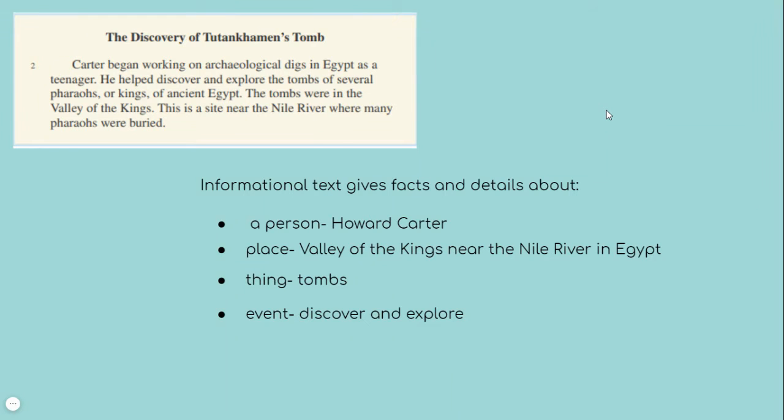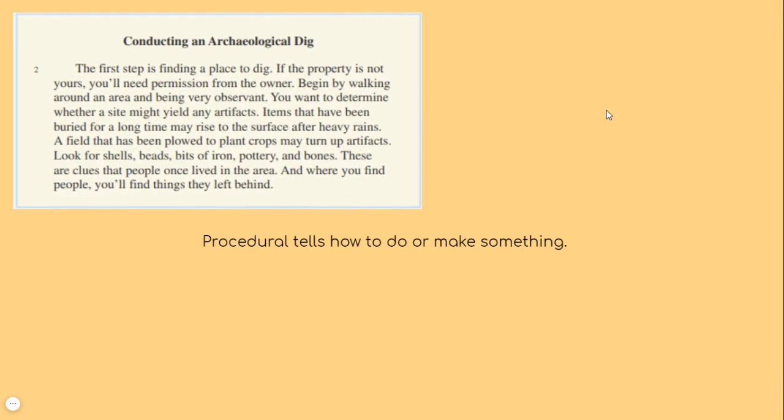It is important for authors to provide reliable information. This information gives facts about Howard Carter's work. It includes details about discoveries he made and facts about where the tombs were.